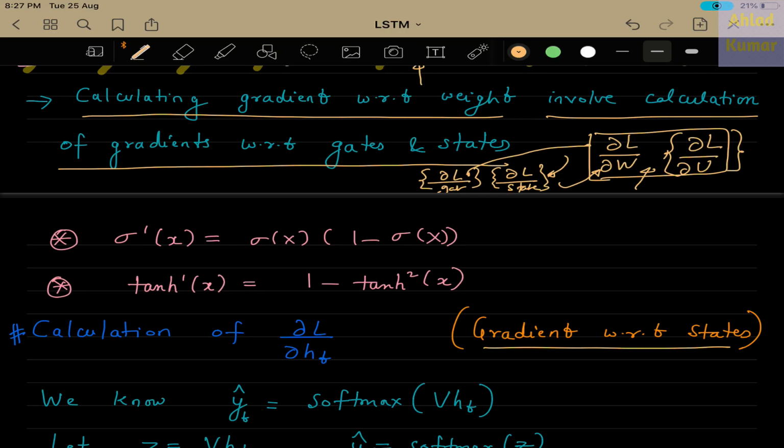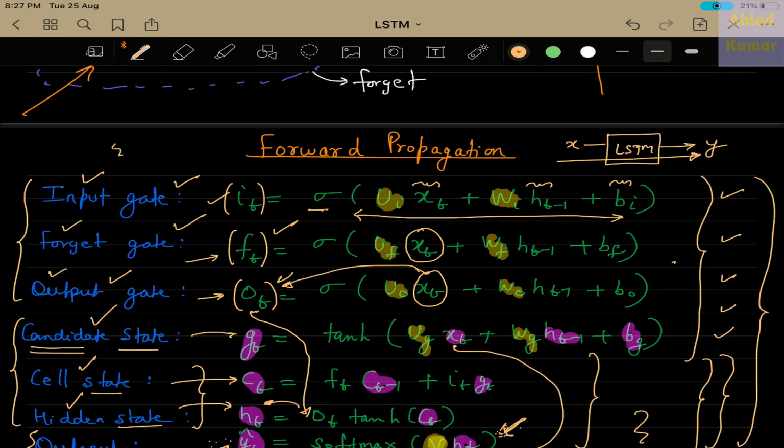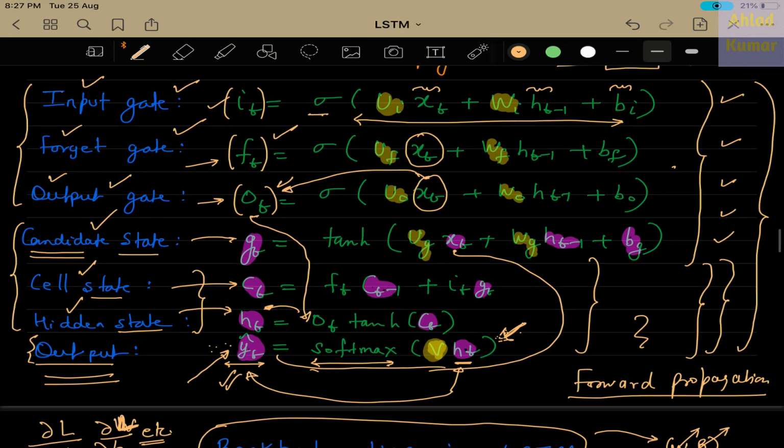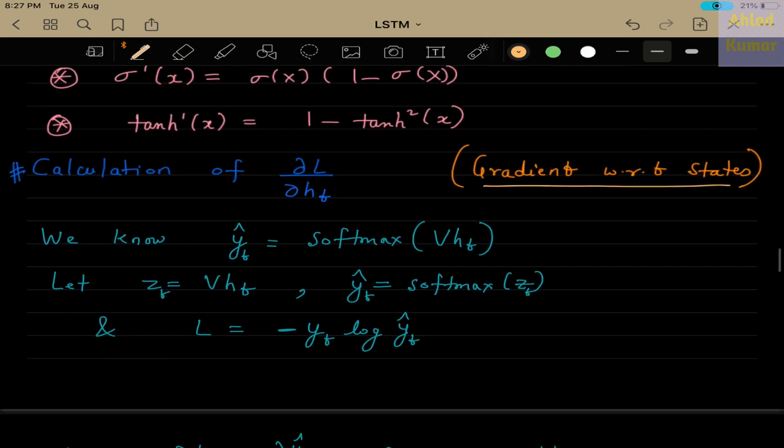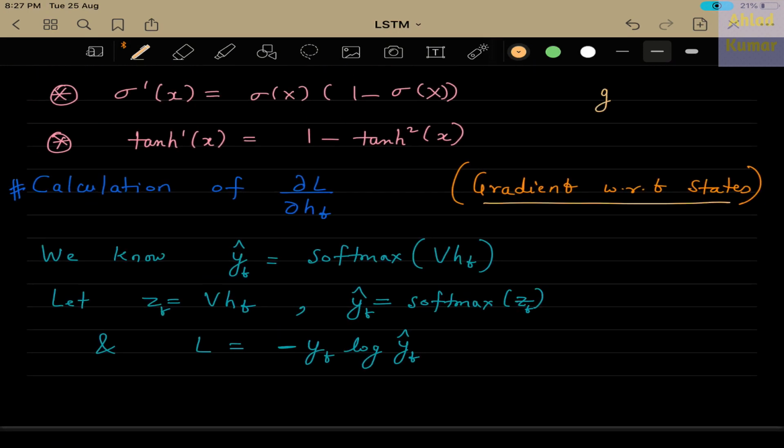Let us see what the different states in the LSTM architecture are. One is the candidate state, another is the cell state, and the third is the hidden state, that is GT, CT and HT. So we have GT, CT and HT as the states of the LSTM architecture.